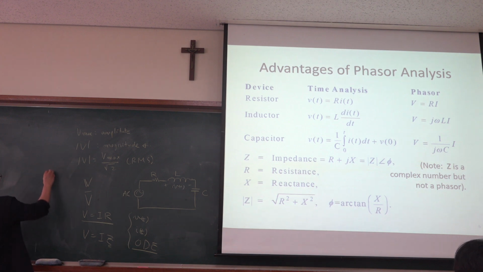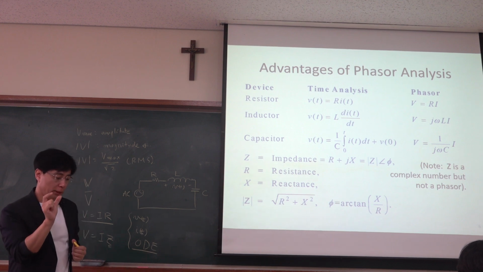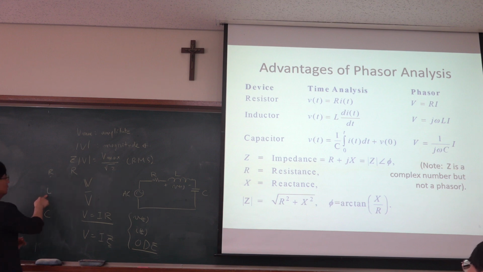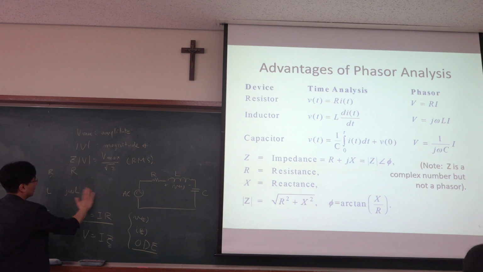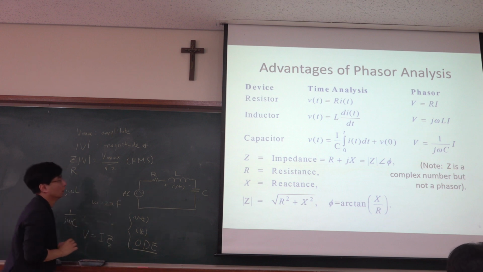R, L, C, and the impedance, so resistance. But in a complex domain, we use the terminology impedance, and the notation is Z. For the resistance, it is still the same R, but for this reactance component, it is j omega L. And this part is 1 over j omega C. Here omega is 2 pi f.